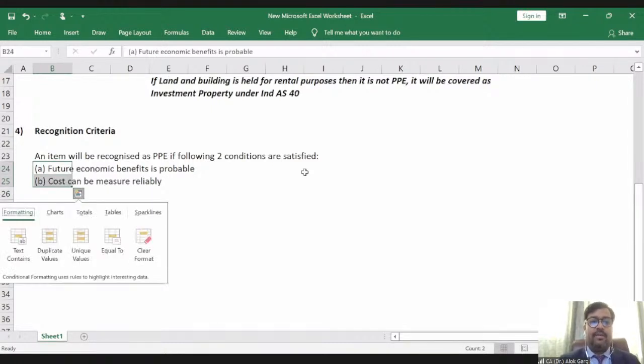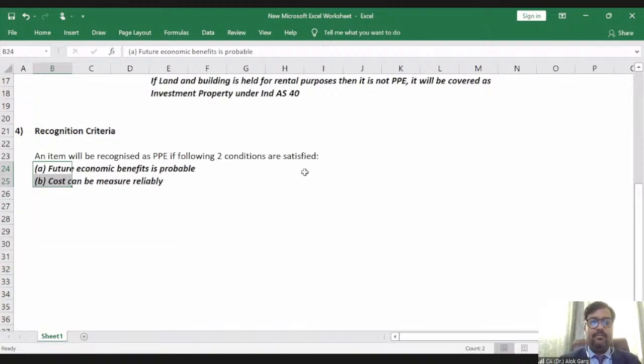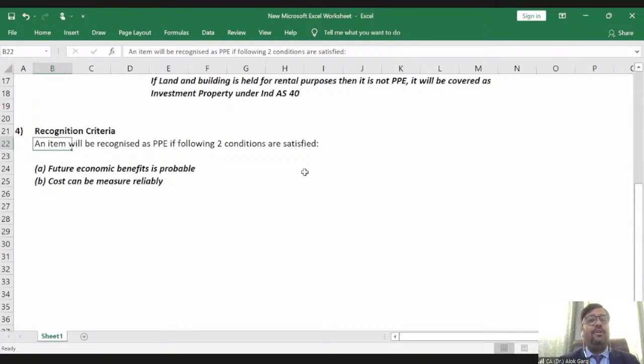And B, cost can be measured reliably. An item will be recognized as a PPE if the following two conditions are satisfied: future economic benefit is probable and cost can be measured reliably. Now I'll explain this one by one.